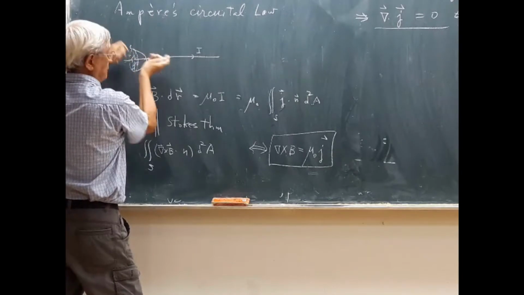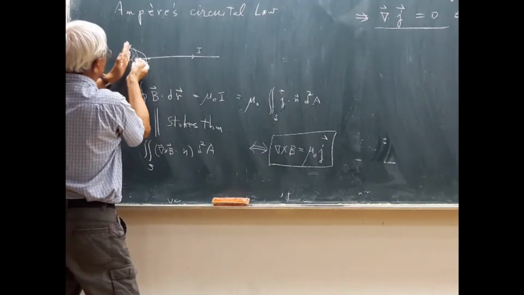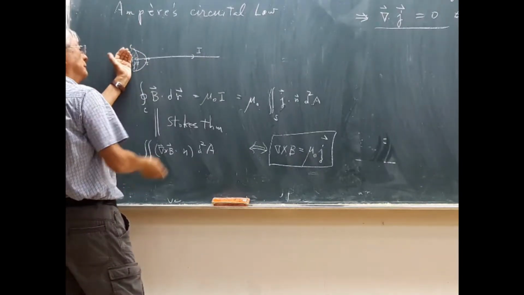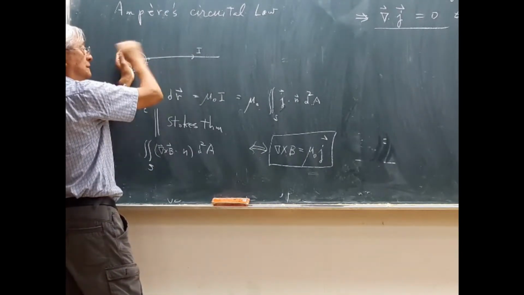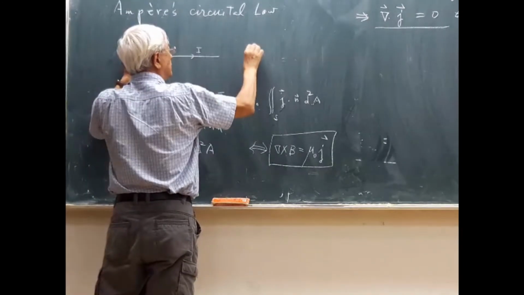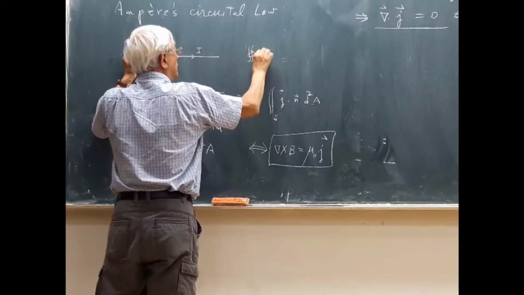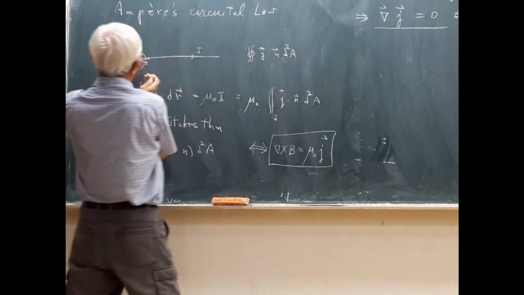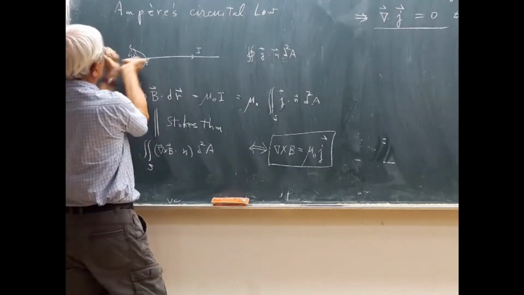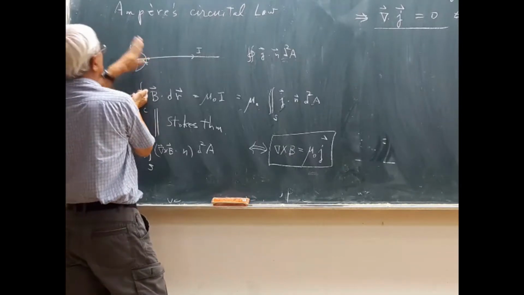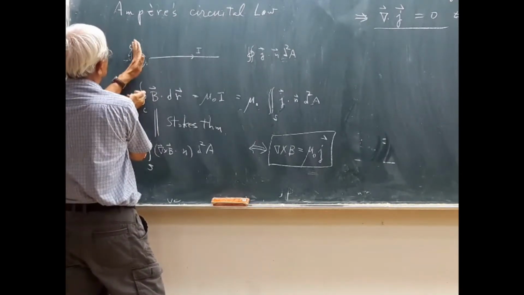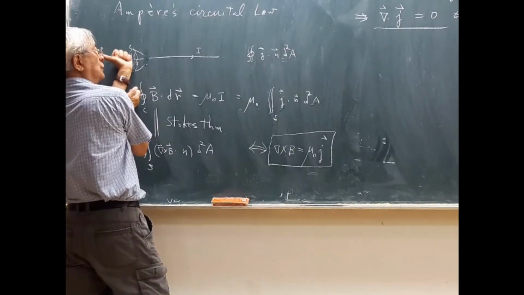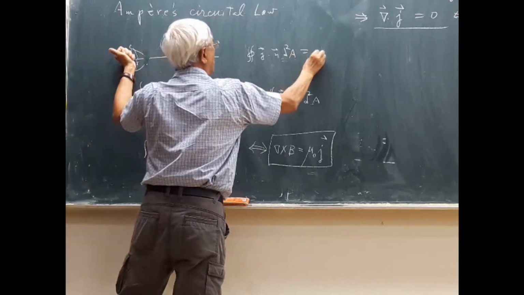Whatever is coming in is coming out. So the integral of J dot n, by reversing the normal component, is 0.